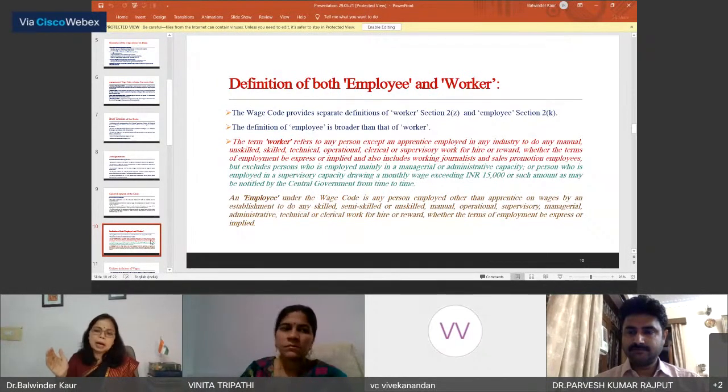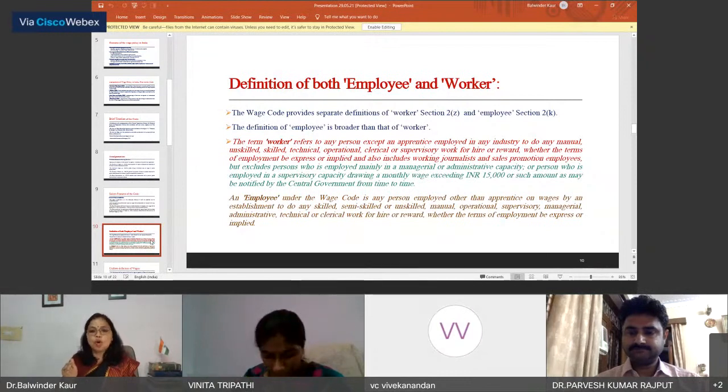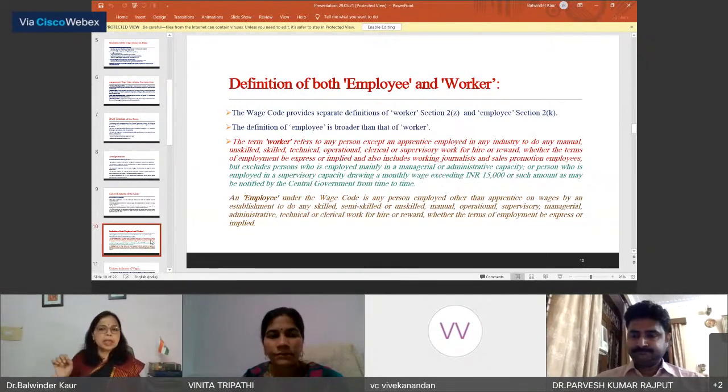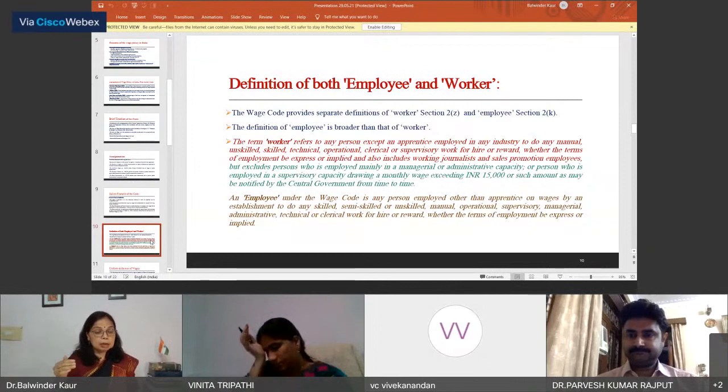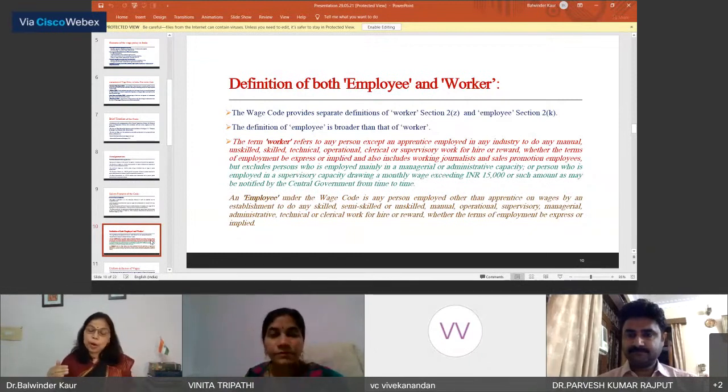They won't be considered under the definition of worker. So for the first time, it is now stated under the definition of employee that those who are involved in administrative work, managerial work, or supervisory work would be considered as an employee under the Code on Wages.